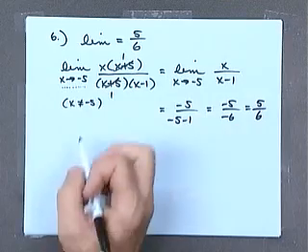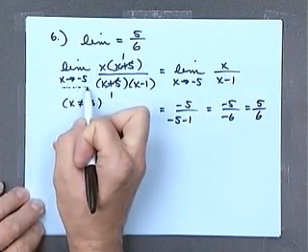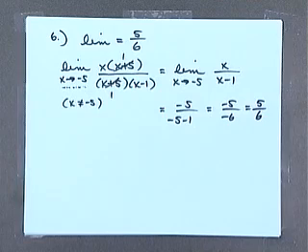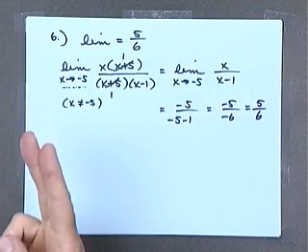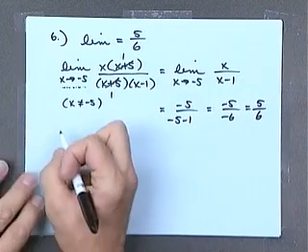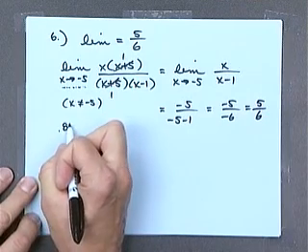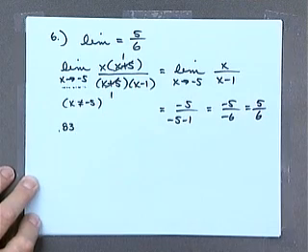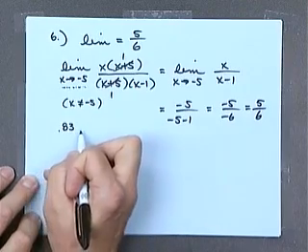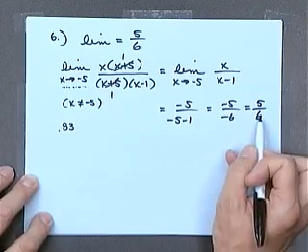Some of you put in values that were very, very close to -5 from both sides of -5. That's completely valid. But you got for your answer 0.83. That's not 5/6. So the limit doesn't approach 0.83. It approaches 5/6.